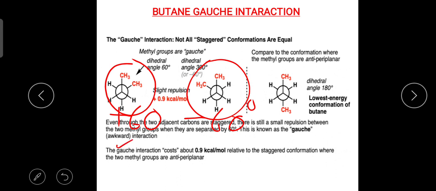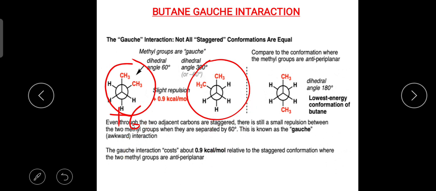In this case, it is known as P chirality, and in this case it is known as M chirality. This is P, for positive chirality, because the angle between CH3 and CH3 is plus 60 degrees, and in this case the angle between CH3 and CH3 is minus 60 degrees. So it is known as M conformer.